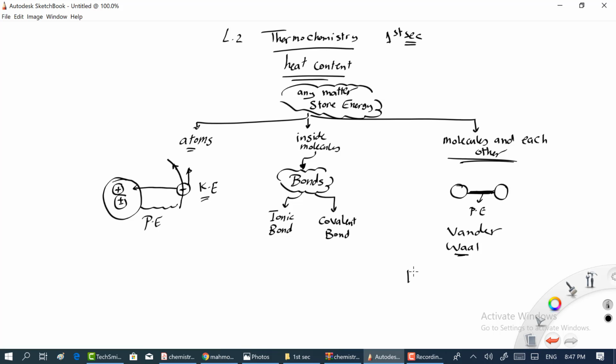Sometimes we will find, for a water molecule and another water molecule, this hydrogen atom standing between two atoms that have higher electronegativity. This electronegativity is 3.5 and this electronegativity is 3.5.